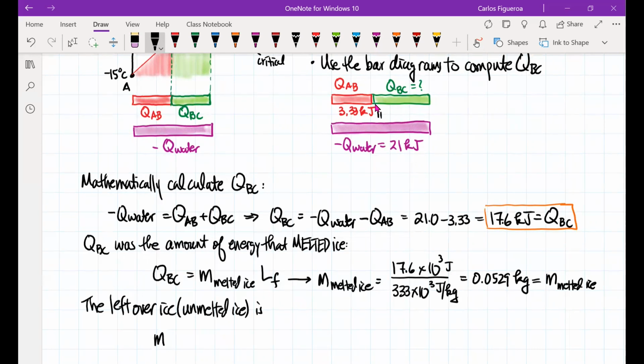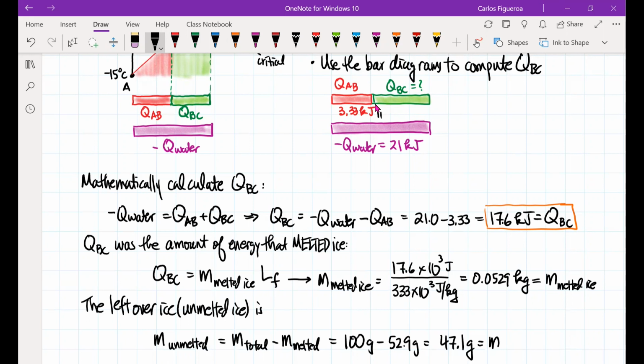We know that the mass of the unmelted ice will be the total mass of the ice minus the mass of the melted ice. We had 100 grams, and this guy's going to be 52.9 grams. So I end up with 47.1 grams. And this is the mass of the unmelted ice.